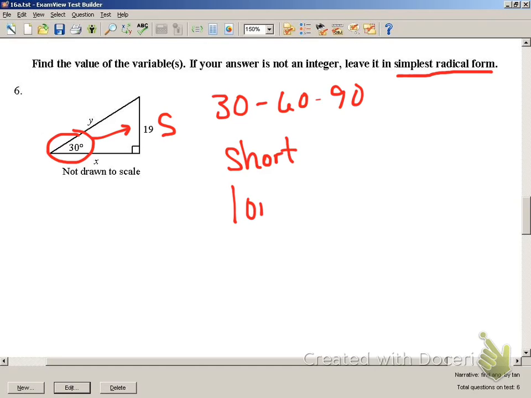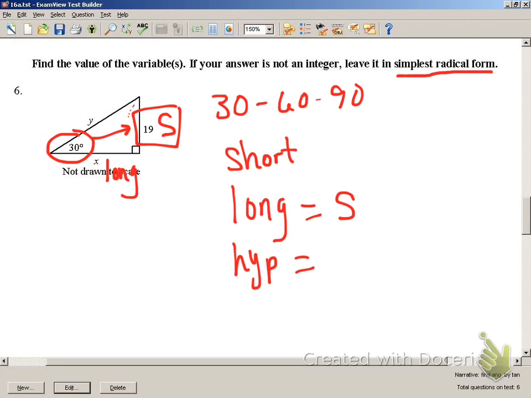We have the long side, or long leg, which is adjacent to 30 degrees, or would be opposite of 60. And of course, we always have the hypotenuse. Now, why is that so special? If I have the short leg, which I do in this case, the long leg is always the short times radical 3.